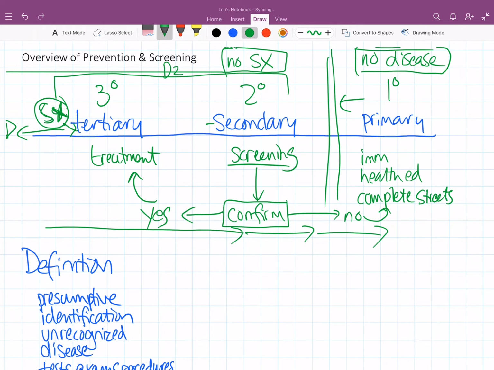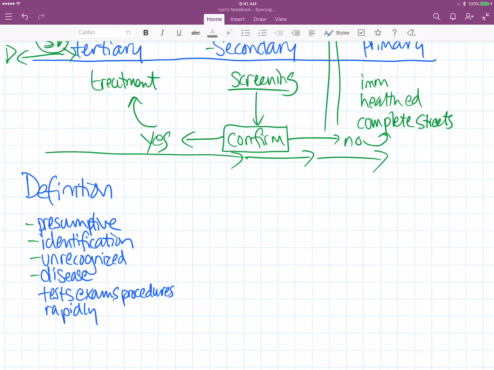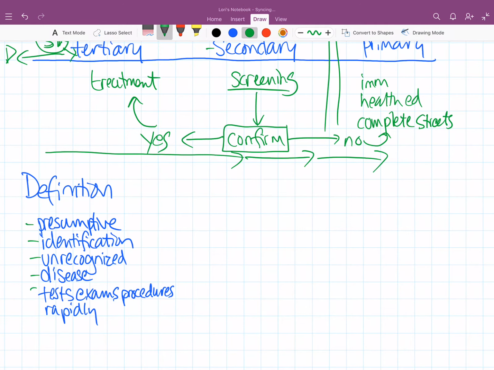Your textbook has a definition of screening as defined as the presumptive identification of unrecognized disease by the application of tests, exams, and procedures for which you can get the results rapidly.